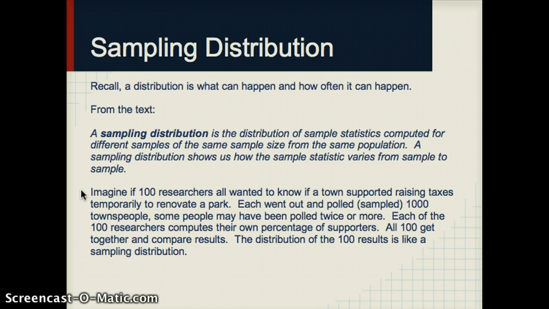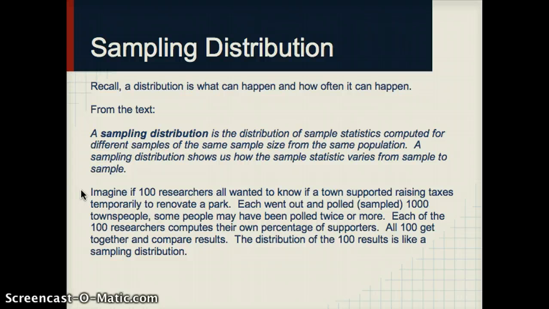Presumably, if our sampling was done in a sufficiently random way, all our numbers will be kind of close, but we're going to get a wide variety of numbers. And if we graphed all of them, that would give us a sense of what the distribution of possible outcomes is. And that's what a sampling distribution is. We imagine what all possible samples could look like.